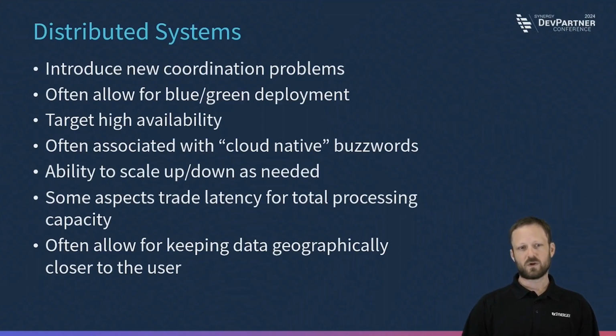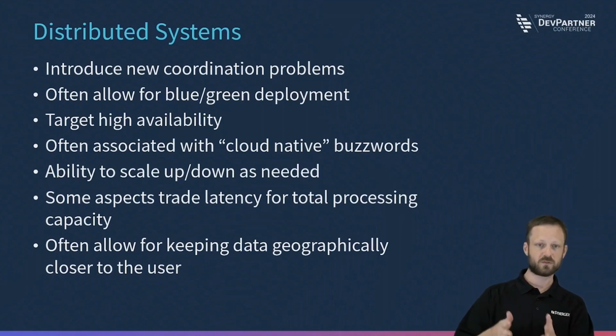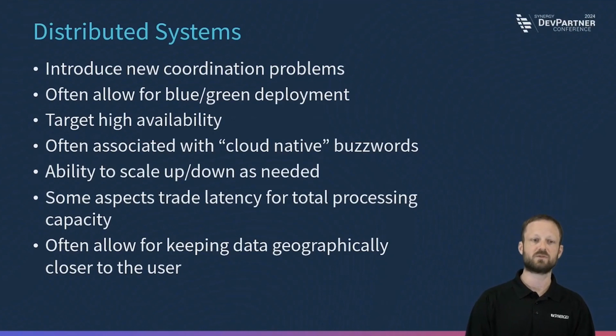Distributed systems also tend to target high availability. If I have multiple nodes running and I've done a good job at designing my system, it should mean that there isn't a single point of failure. If there isn't a node that must stay up in order for the application to keep working, that should be distributed amongst many nodes.